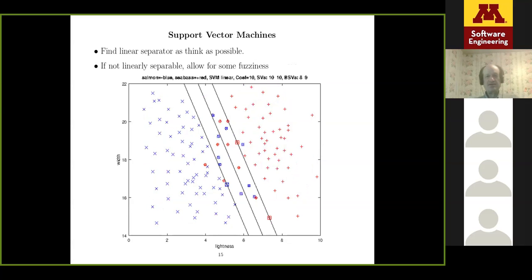The other classical machine learning method that's still used quite a bit because it tends to be very robust is what's called a support vector machine.